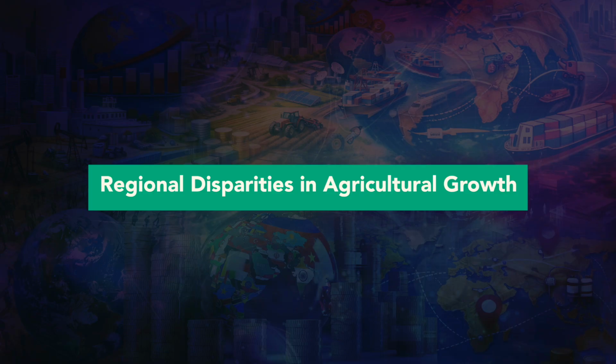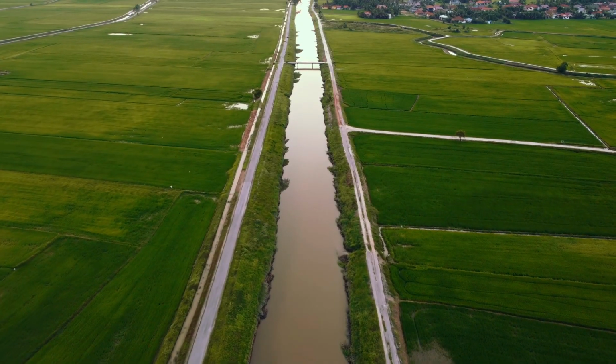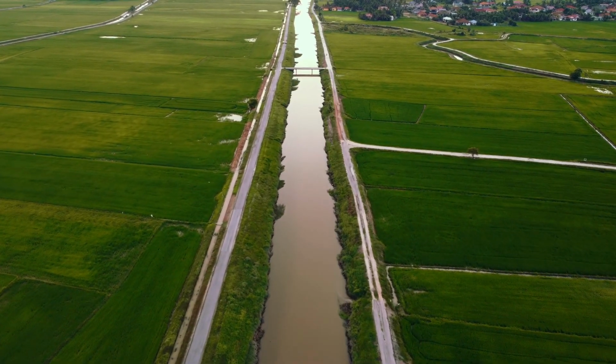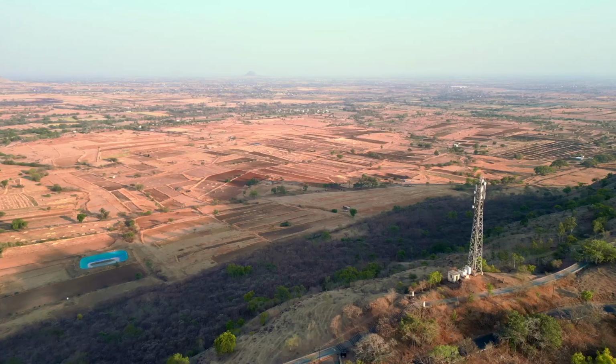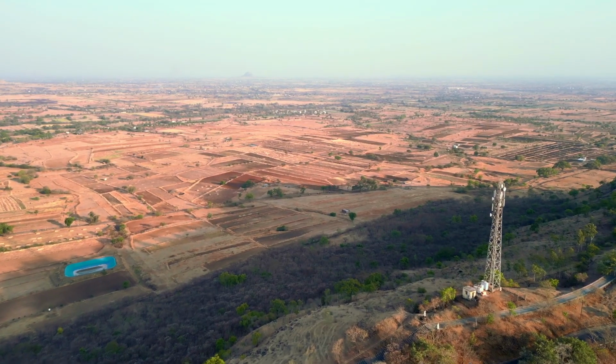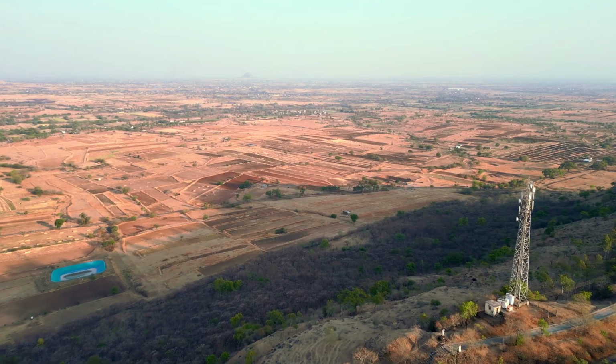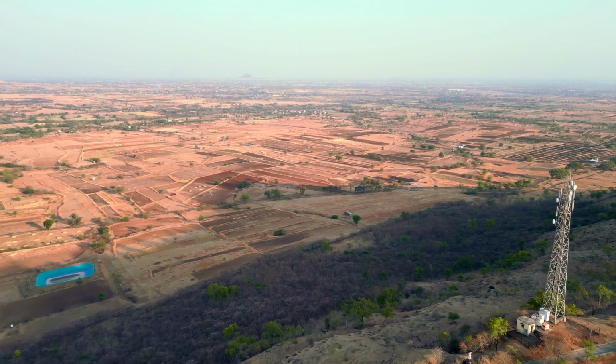Regional disparities in agricultural growth. The agricultural growth pattern has also shown significant spatial variations in India, with regions having assured irrigation and infrastructure recording higher growth in agriculture. The rain-fed and dryland regions have experienced low and unsustainable growth of agriculture.